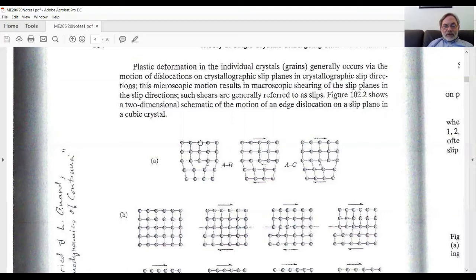The effect is to transfer the edge dislocation from the third column of atoms essentially to the fourth column. The atoms themselves have not undergone a significant displacement, but the set of atoms associated with the edge dislocation has transferred to the right in this diagram, as you see here.